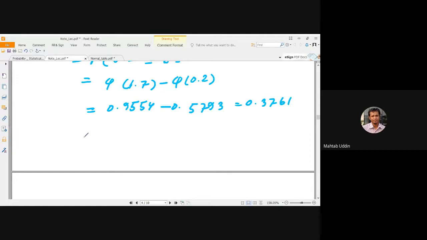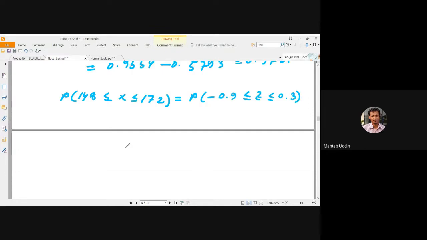Then the next one, B: probability 148 less than or equal x less than or equal 172. In a similar manner, we'll convert them to z. We'll find probability minus 0.9 less than or equal z less than or equal 0.3. Then phi of 0.3 minus phi of minus 0.9.